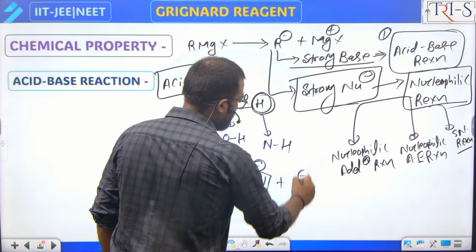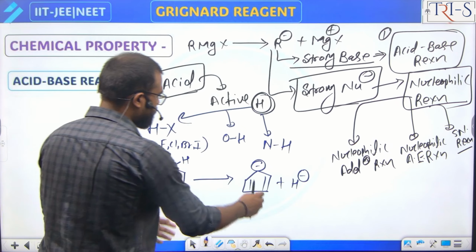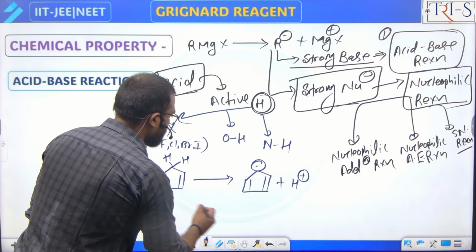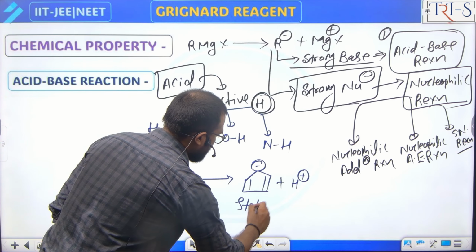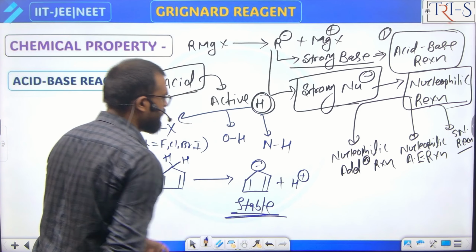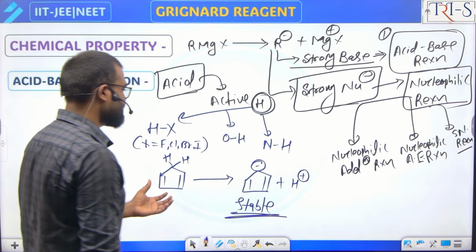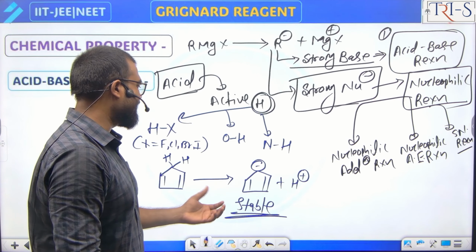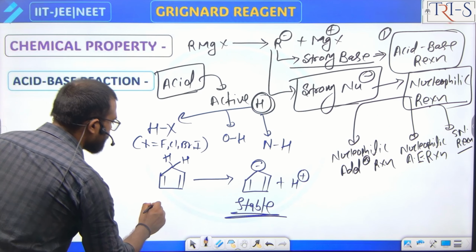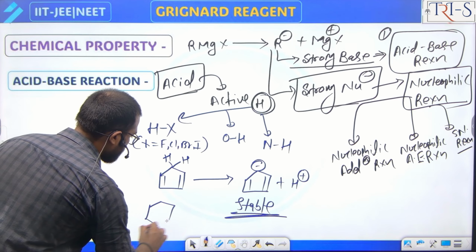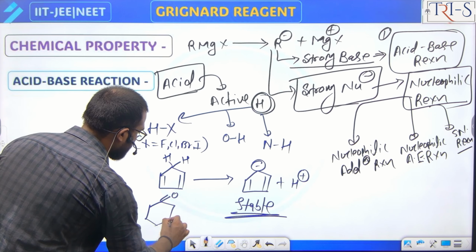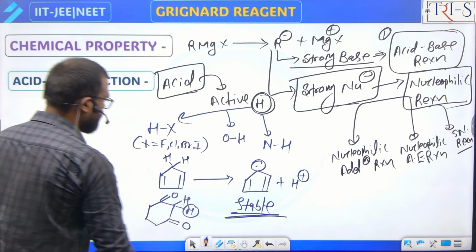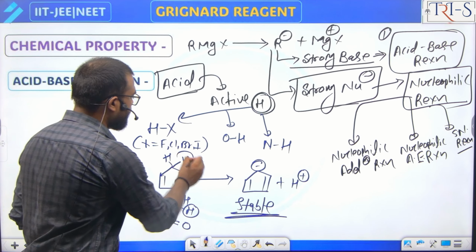So if a compound, after releasing H plus, is stable itself, then it can easily release H plus. Such types of compounds also release H plus and can act as acid. Also, these compounds have active hydrogen.